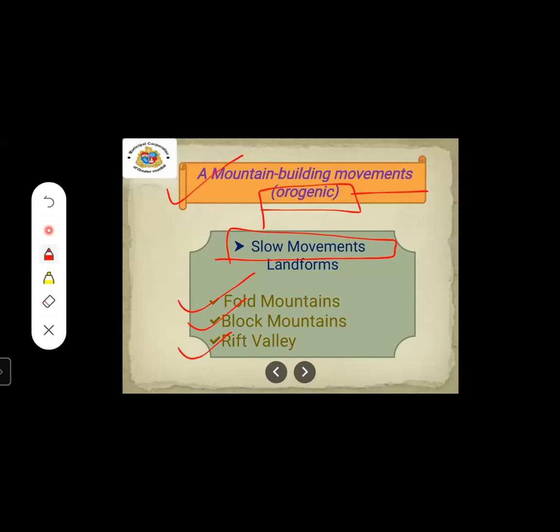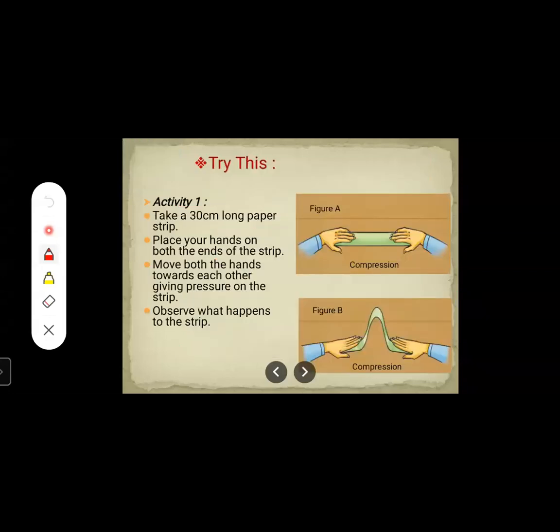Now in the slow movements, new landforms are formed on the basis of velocity. The first is fold mountains. To understand fold mountains, there was an activity here, student. I know you have done it, we'll just revise it.